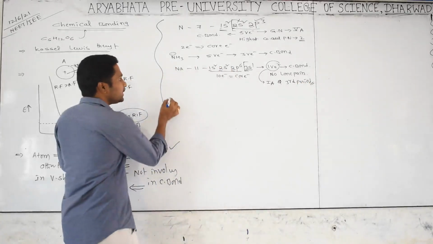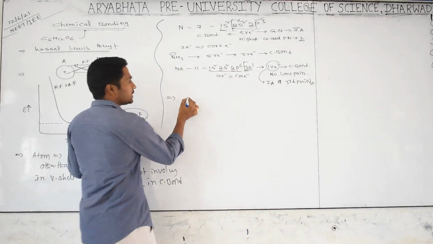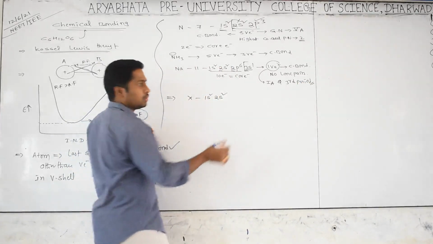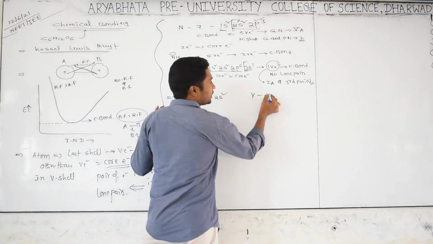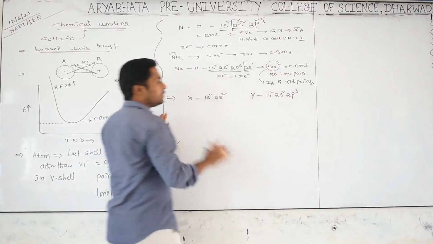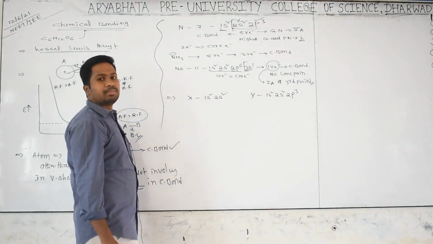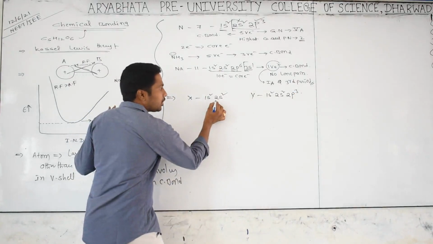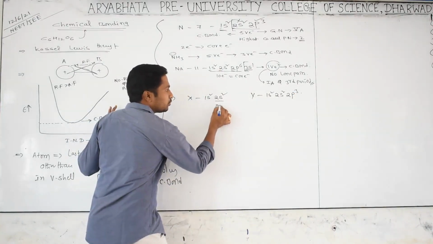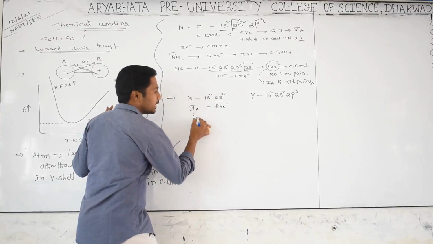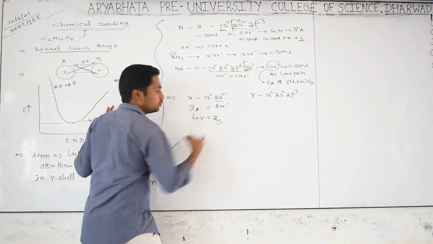And one more thing is asked in competitive exams. For example, X element has configuration 1s2, 2s2. Y element has configuration 1s2, 2s2 and 2p3. With X and Y, what formula is possible for the compound? In X, the last shell is the second shell having 2 valence electrons. It is a second A group element. For a second A group element, the valency will be 2.